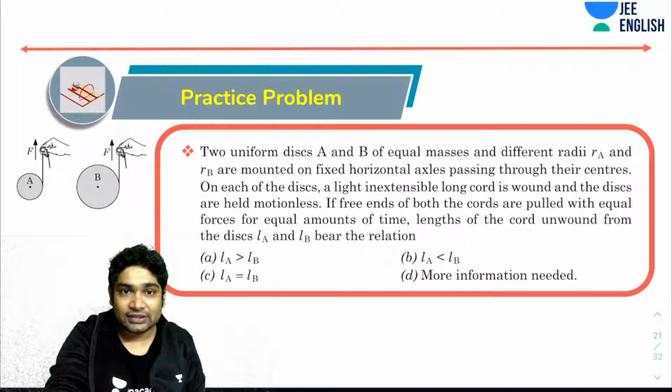So think about this. Coming back to the present problem, what do you think is the answer to the present problem? What will be the relation between the lengths unwound in some time t? Okay, this should be simple. Come on, give me some answers for this.